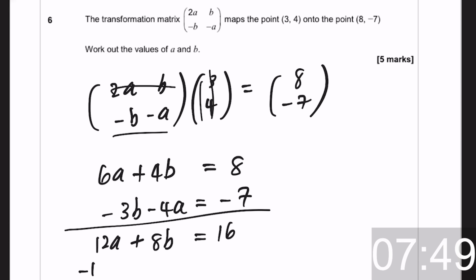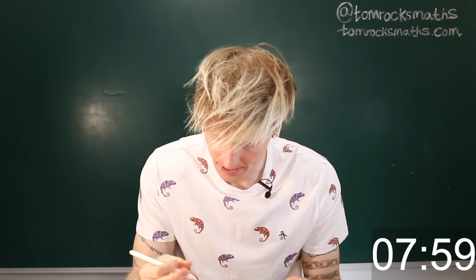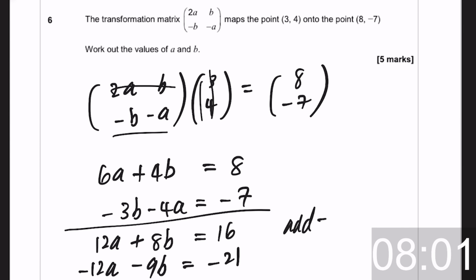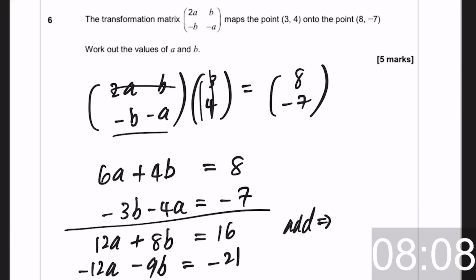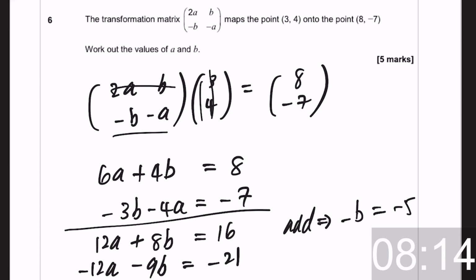So times 3 gives me minus 12a, times by 2, yep. Minus 12a minus 9b is minus 21. So now if I add the two together, 12a minus 12a is obviously 0. 8b minus 9b is minus b. And that has to be 16 minus 21, which is minus 5. So I believe b is 5 in there.